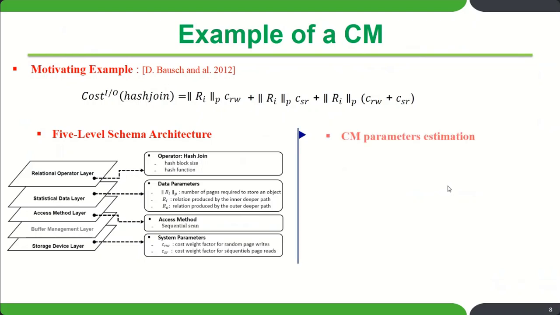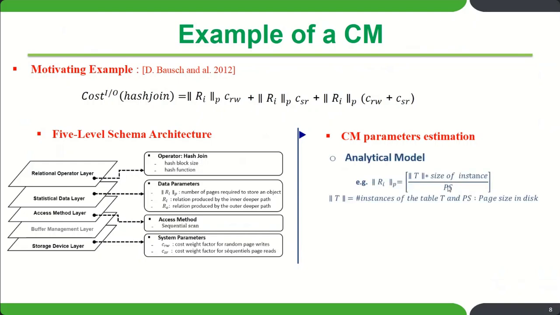The value of each parameter can be estimated by using an analytical model. For example, you can specify the number of pages of each table in the database by an analytical model, or it can be estimated by using machine learning techniques. For example, here, all parameters related to the storage device can be estimated by using machine learning techniques.